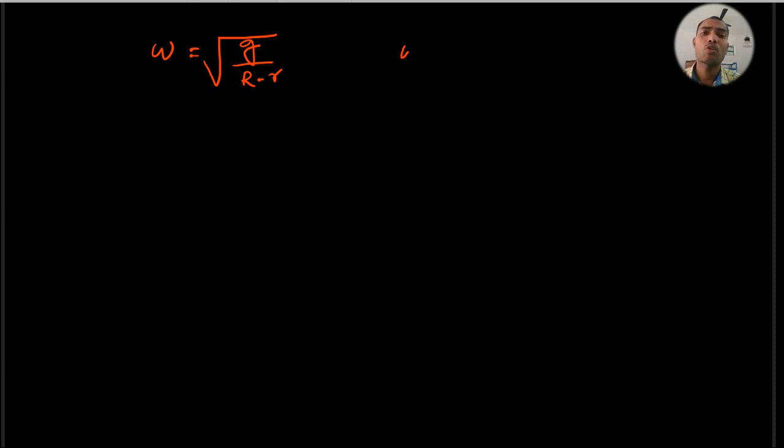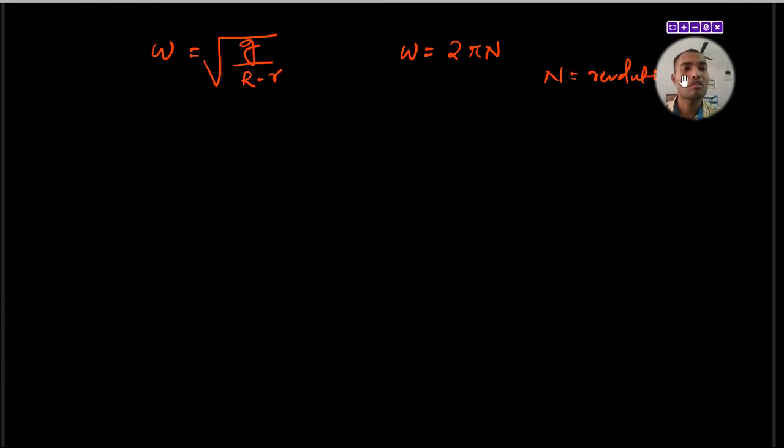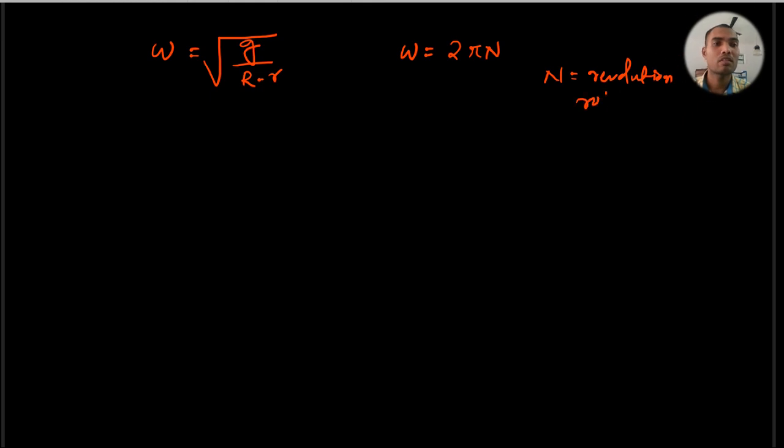So we know omega is equal to 2 into pi into n. What is n? N is nothing but revolution or rotation per second.